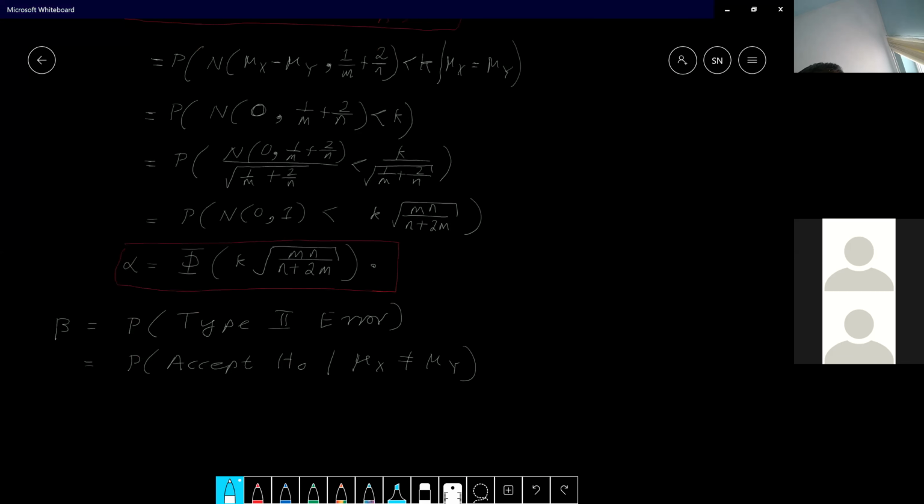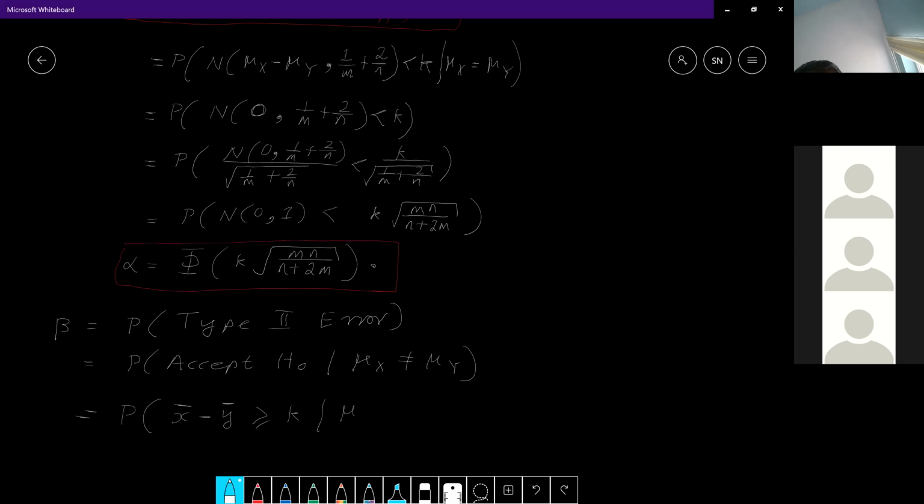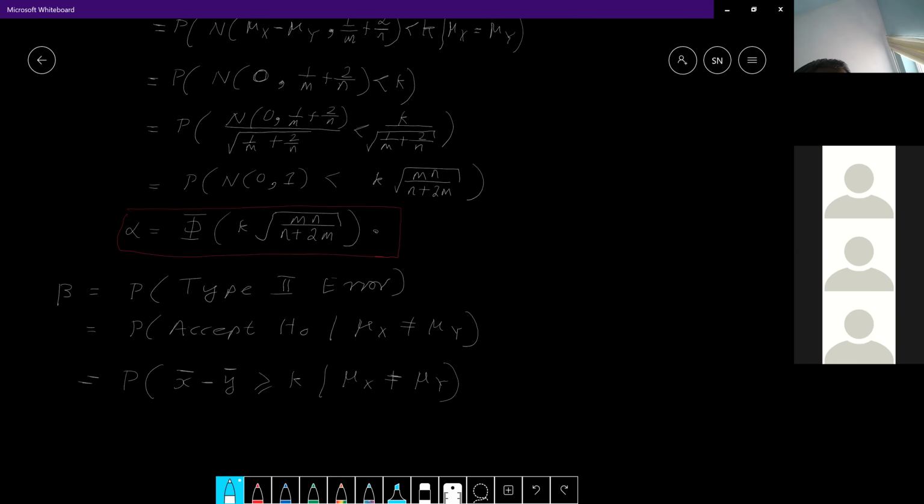So we will accept it if x bar minus y bar is greater than or equal to k. This is the rule for accepting. All right, so we need to work this out. Let's see how we can do this. I'm going to use the same argument as I did for alpha.